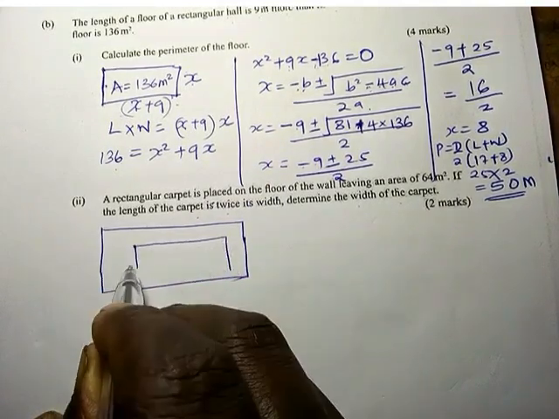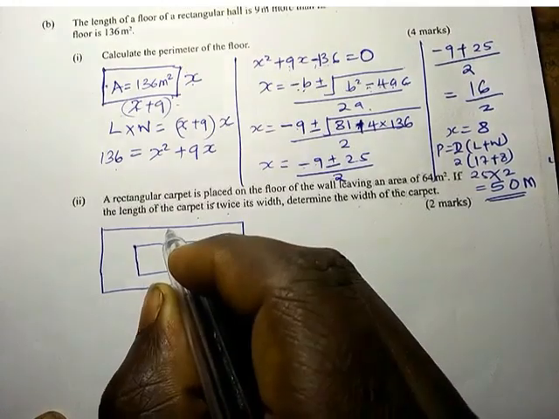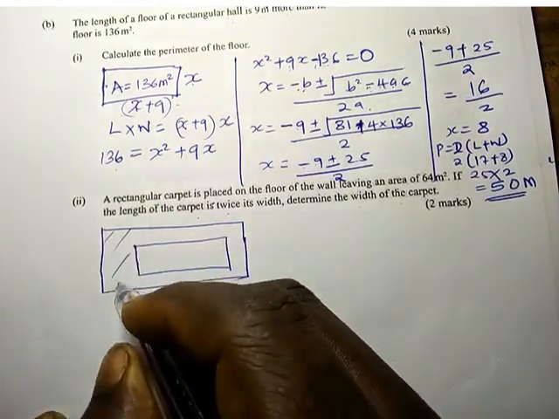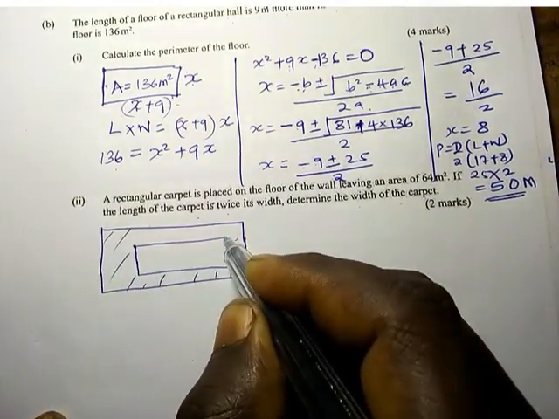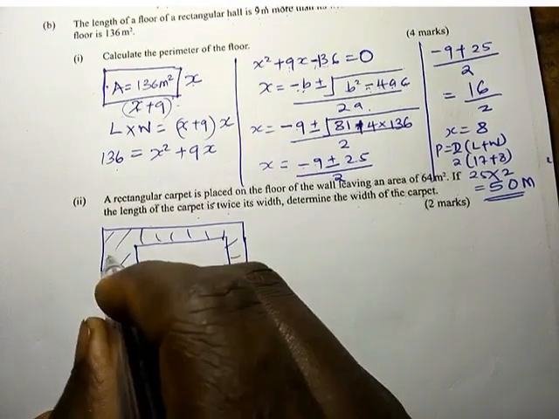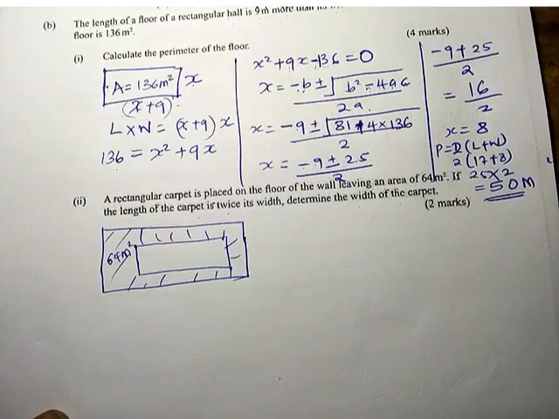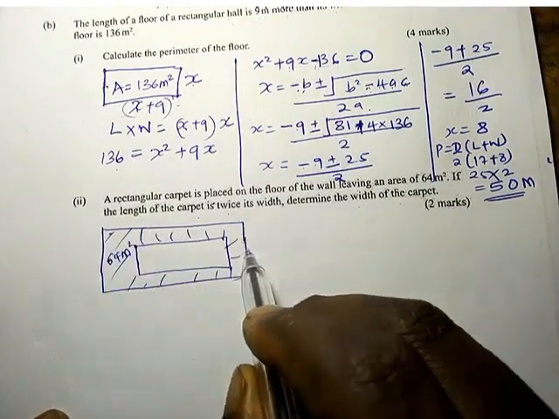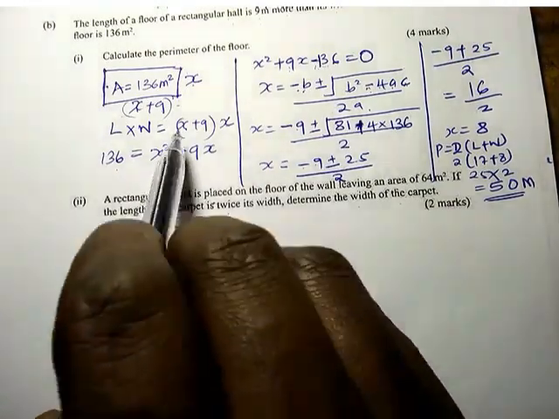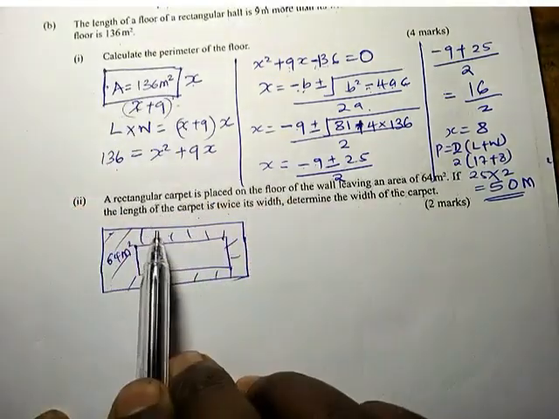Assume hii ni carpet imewekwa hapa. Imeacha area, this area that itaacha hapa, hii area yote hii itakuwa 64 meters square. Sawa? Lakini ukumbuke tunajua area ya hii yote ni 136, because floor is the same floor yenye imewekwa carpet.